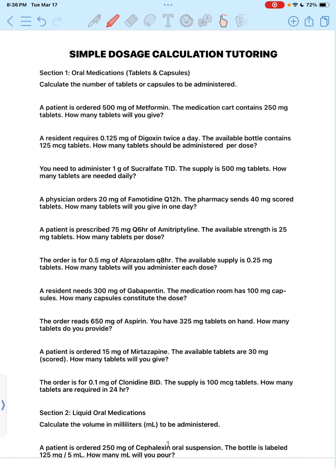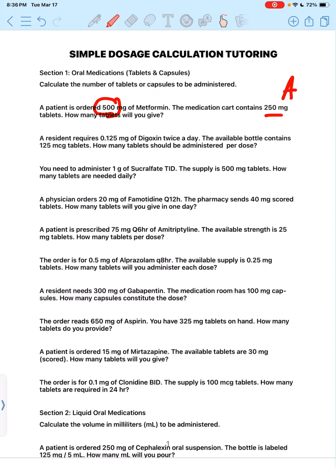All right, let's look at this number right here. So the doctor ordered what? 500 milligram of metformin. The medication contained a 250 milligram tablet. How many tablets? This is a solid, so you know your quantity will be 1. So this is your order and this is your available.